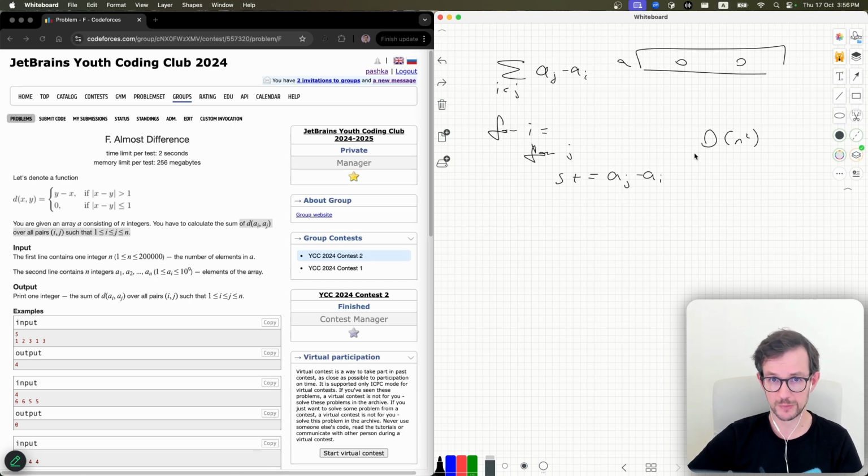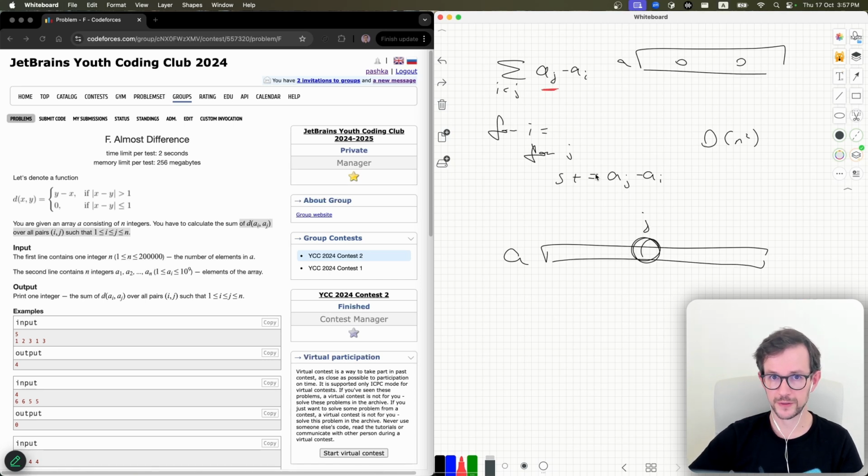You can do it in linear time actually, just by looking at this formula. There are multiple ways to do it. One way is to look at the contribution of each element to this formula. Let's take some element in this array and see how it is used in this formula. Sometimes this element is used as j, like the left part.